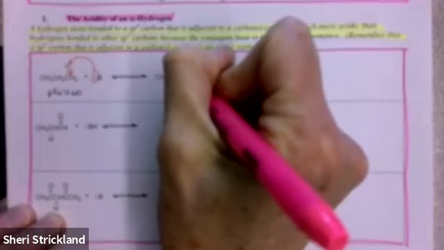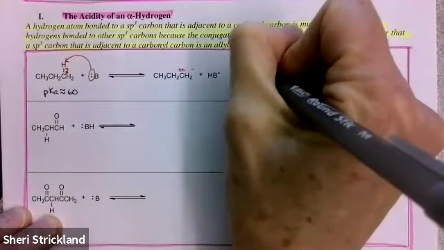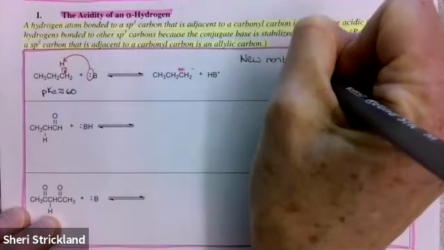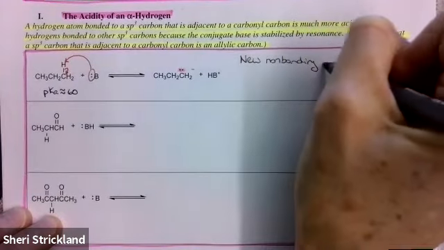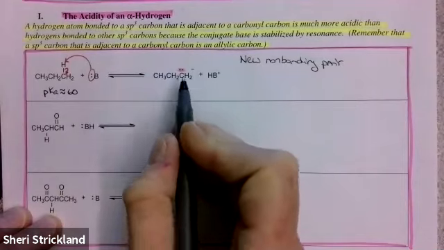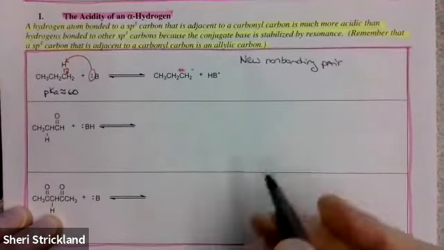Now, this new non-bonding pair of electrons is localized. It has to stay on that carbon. And because of that, it's much less stable than the other ones we're going to look at that have resonance contributors.